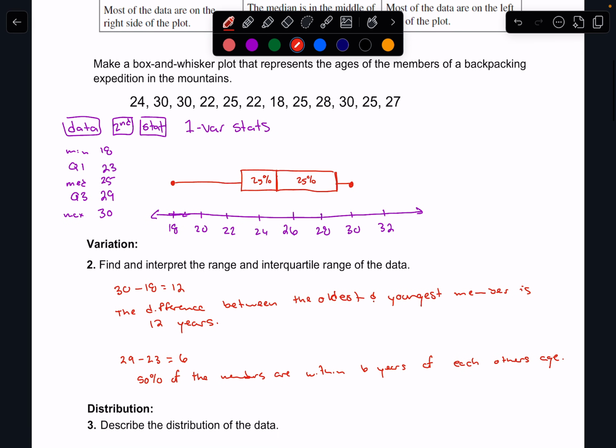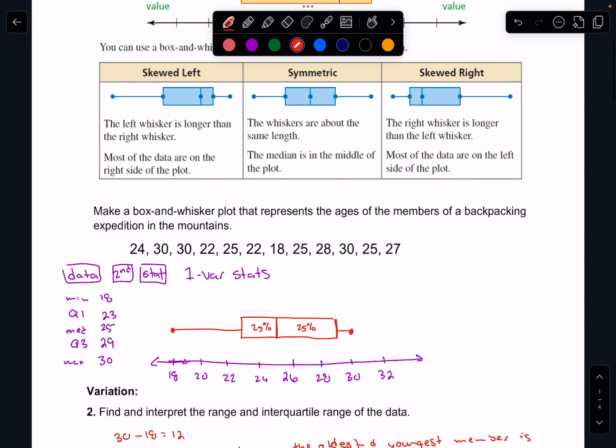So when you look at this graph, this one's a little bit complicated to describe because the left whisker is longer than the right whisker, but the right box is longer than the left box. But when I look at this, it still looks like the skewed left picture, right?